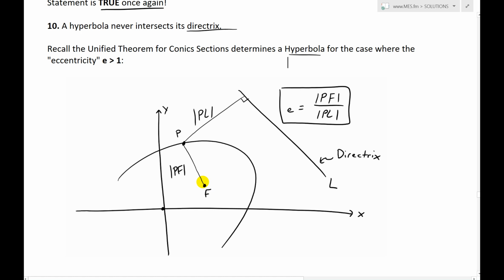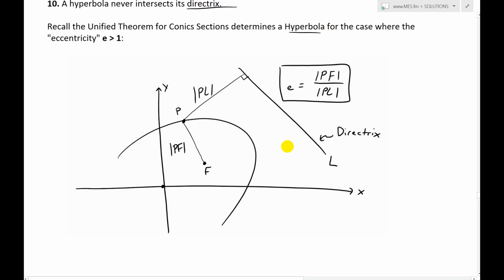So we're given a focus and a directrix, and then the distance PF is the distance from P on this curve to the focus, and PL is the distance from the point to the directrix, so just a perpendicular line to it.